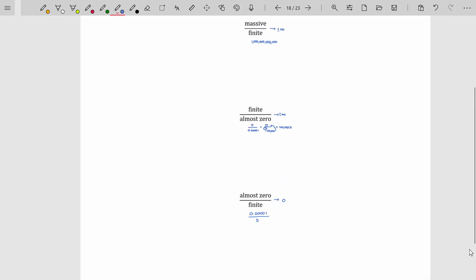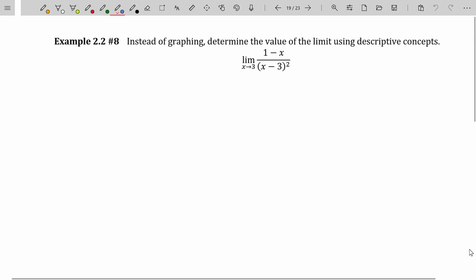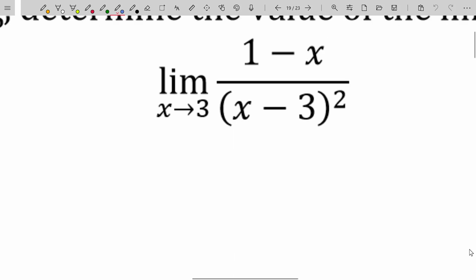That all being said, we are going to use that information as a basis for helping us conceptually investigate the value of limits. Instead of graphing or building a table, in fact, determine the value of the limit using descriptive concepts. Well, here's how I would do this if I was a student in a course.